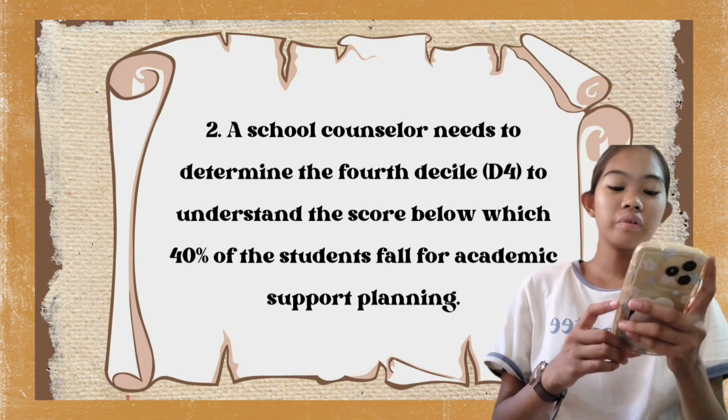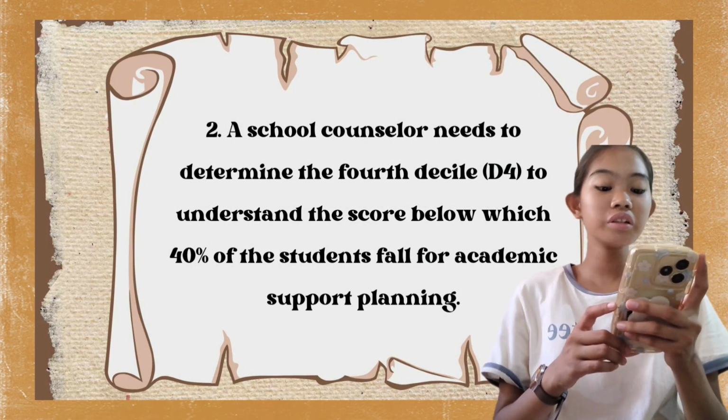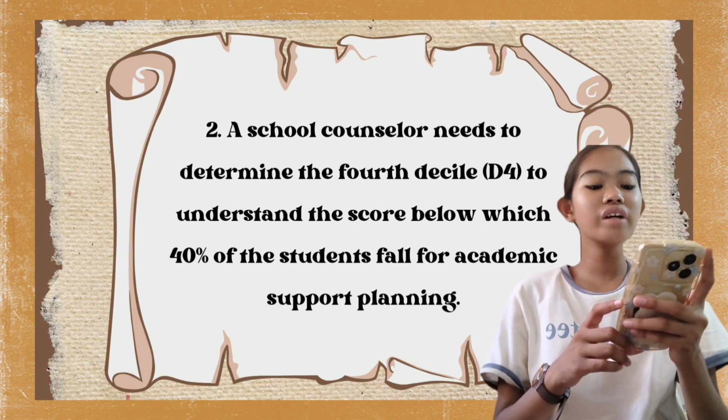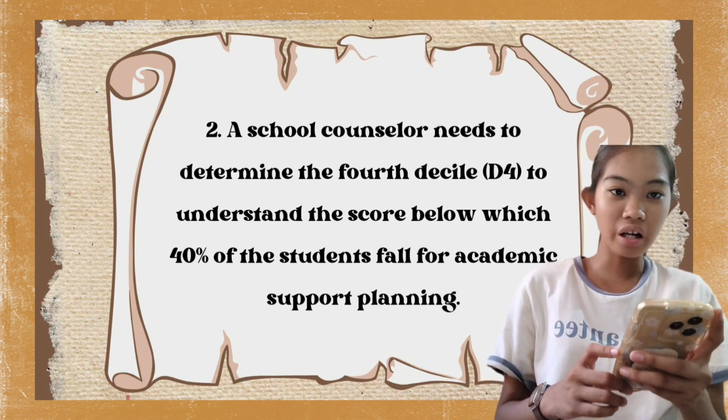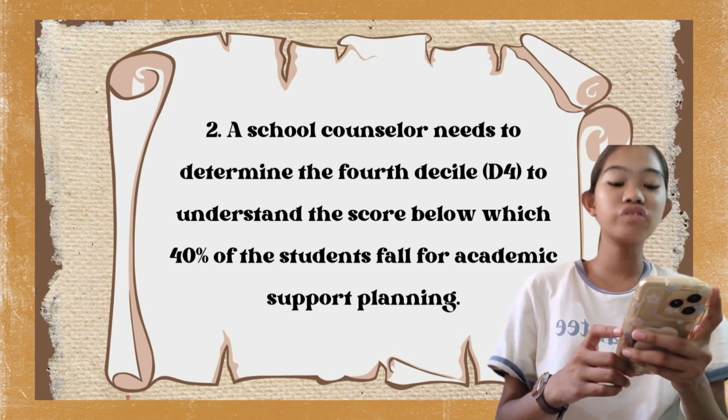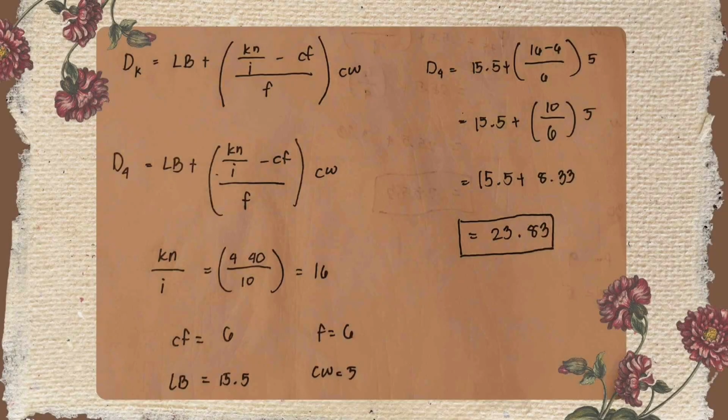The second problem is, a school counselor needs to determine the fourth decile to understand the score below which 40% of the students fall for academic support planning. For the second problem, we are going to use the formula Dk equals LB plus (Kn over I minus CF) over F, multiplied by CW.